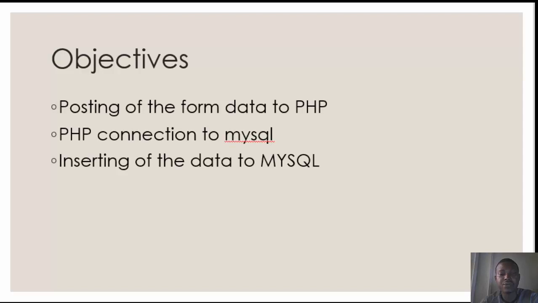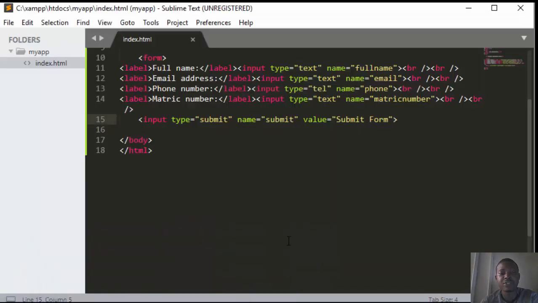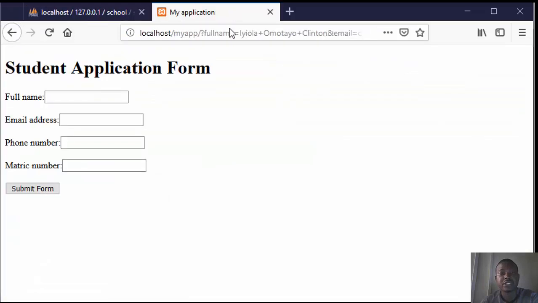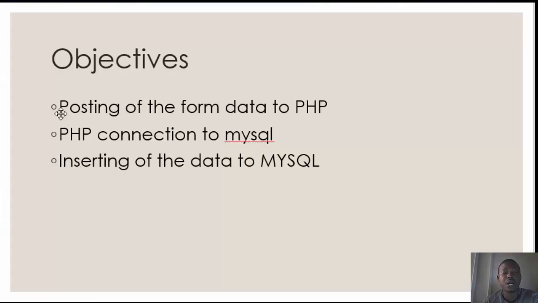Okay, let's go back to our Sublime. We have this form up and running, just like what we have here. The next thing we want to do is to post the form data to PHP. How do we do that?